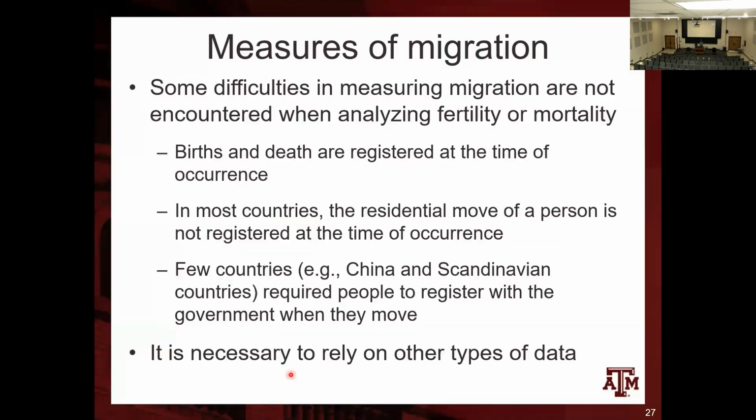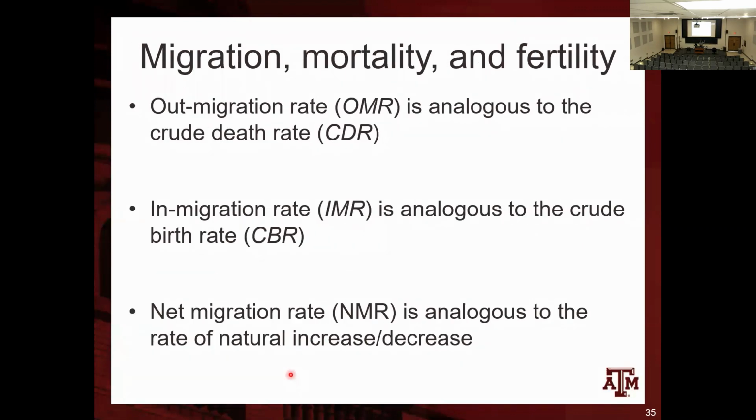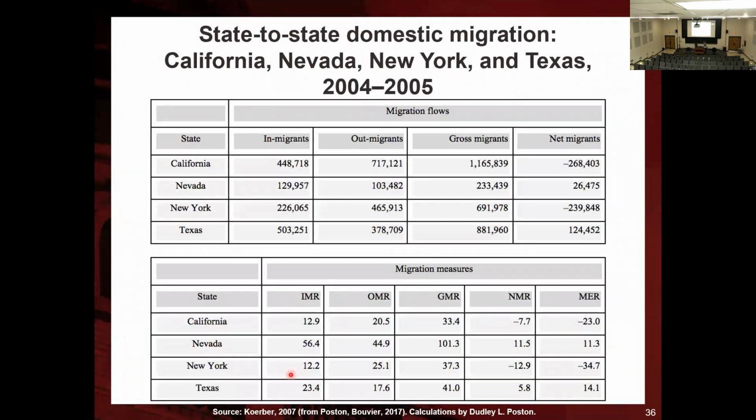So, one example of these overall measures of migration is provided in the course textbook, right? This is state-to-state domestic migration, so internal migration, for the states of California, Nevada, New York, and Texas. And these are the overall migration flows.